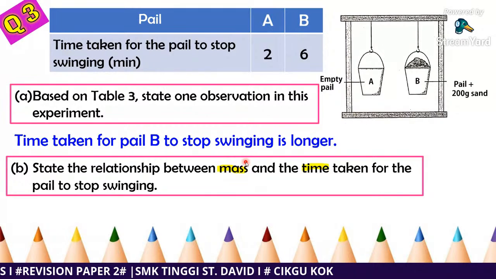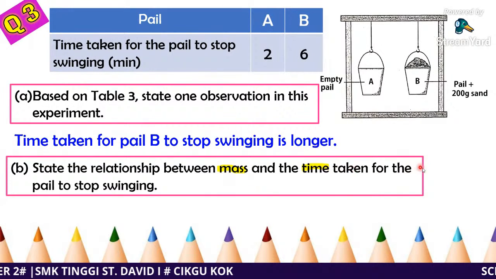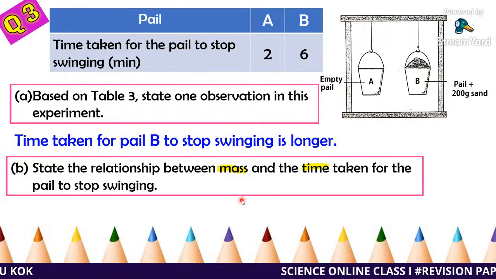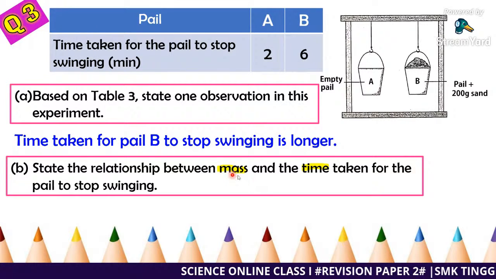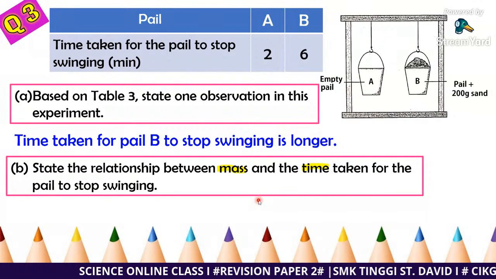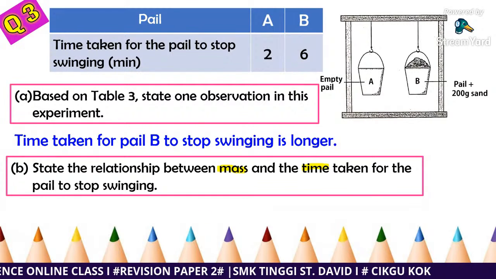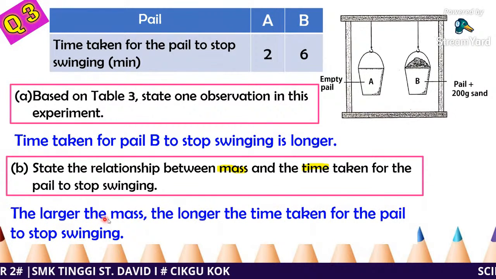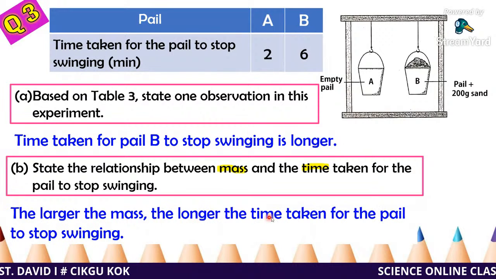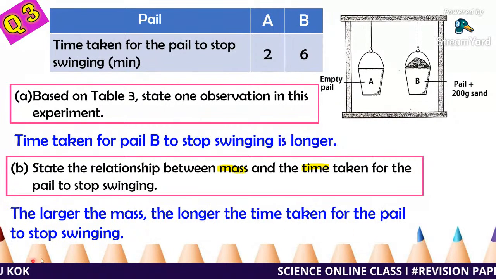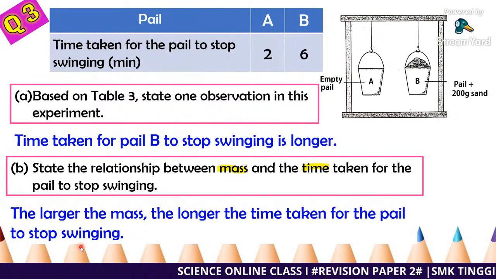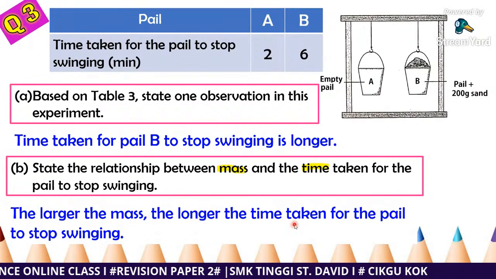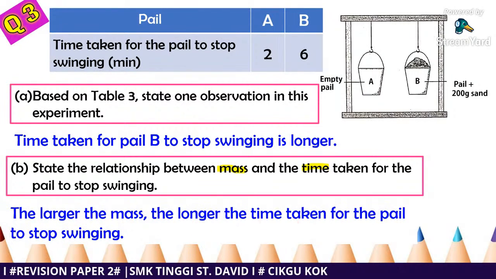When the mass increases, time taken for the pail to stop swinging also increases. Or you can say the mass increases, time taken is longer, also can. So let's check. The larger the mass, the longer the time taken for the pail to stop swinging. So this is a full sentence. We mention the mass first, then later the time taken.